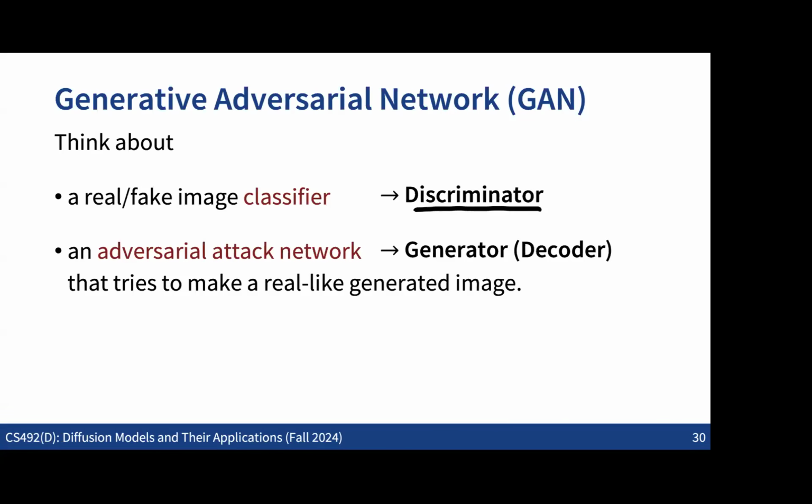And then we compete this classifier with the generator, which will try to make more realistic images. From the competition, we hope that the generator will be able to make really good fake images that look like the real images. So that's the basic idea of the generative adversarial network that was introduced more than 10 years ago.